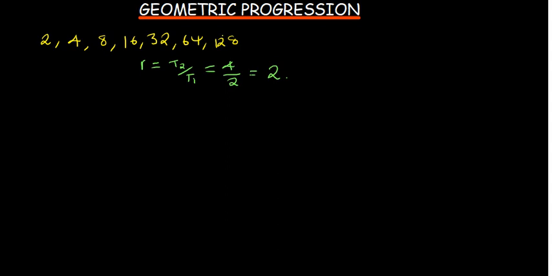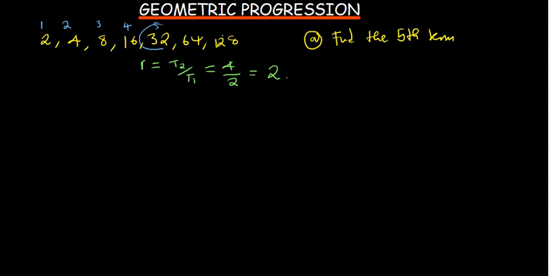All right. So now imagine they gave us the first term and the second term, and then the question just said find the fifth term. If we want to find the fifth term, of course, multiplying by the common ratio, you can say this is first term, second term, third term, fourth term, fifth term.